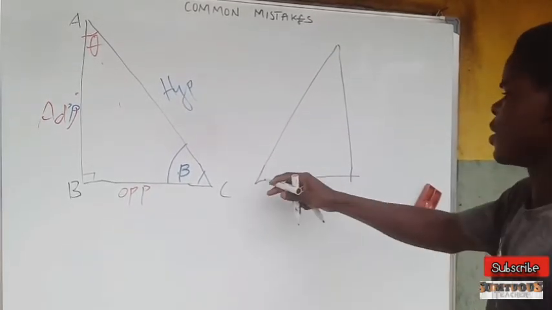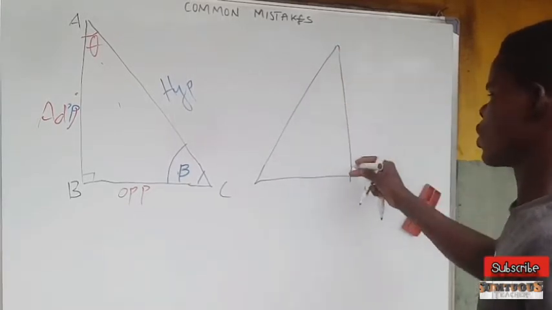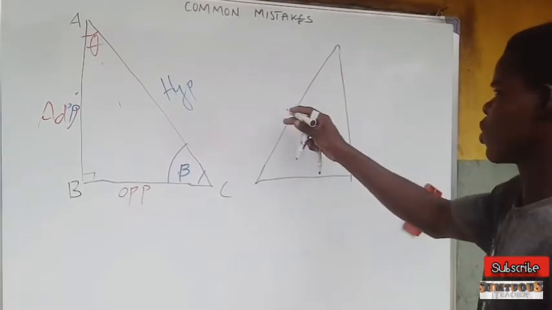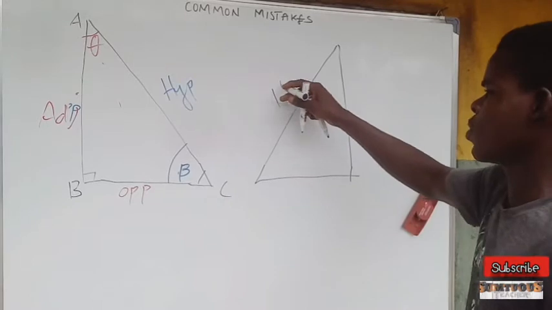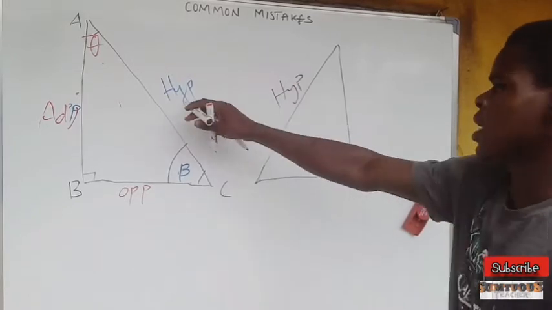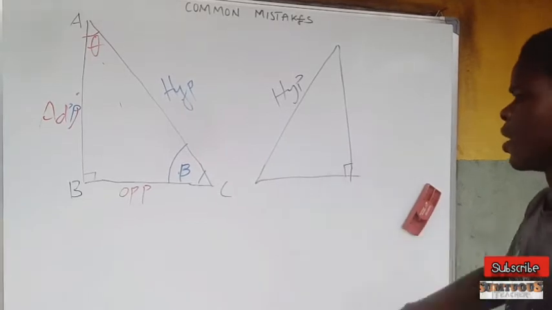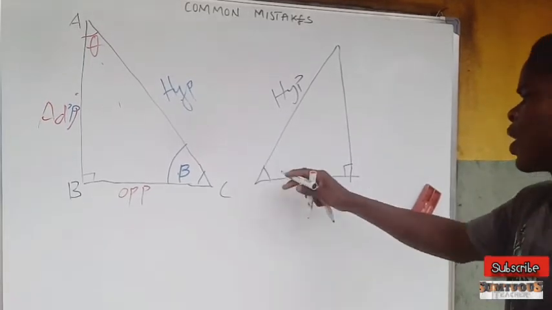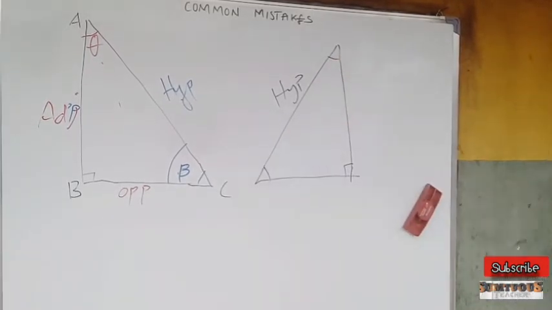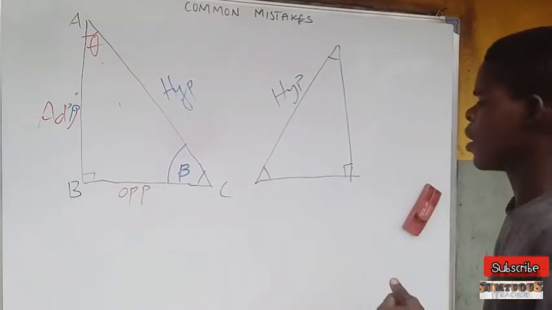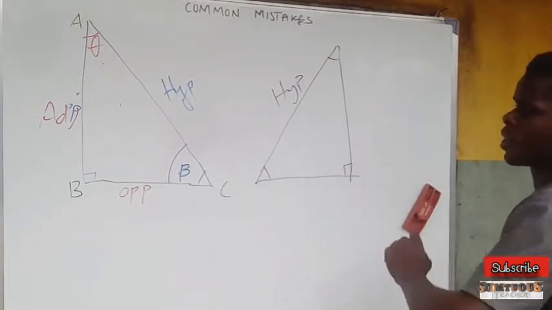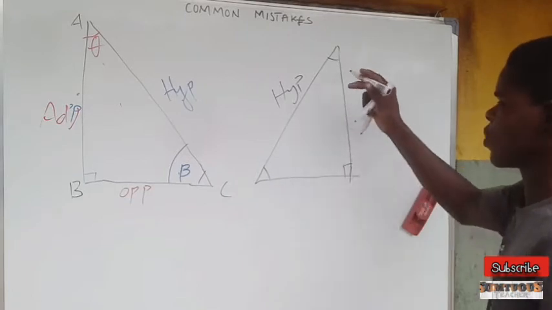This is the longest side, which joins these lines perpendicular to each other. We call it the hypotenuse side. You have your 90 degrees here, an angle here, and an angle there, where two lines meet at a vertex. So at this point, this is an angle, this is also an angle.